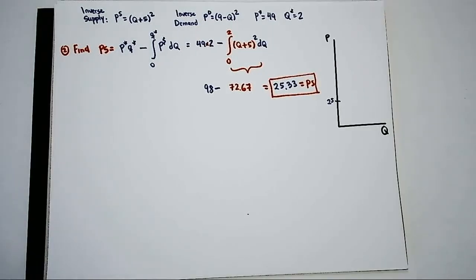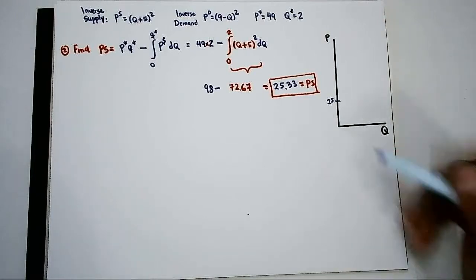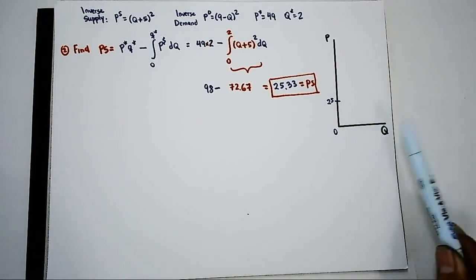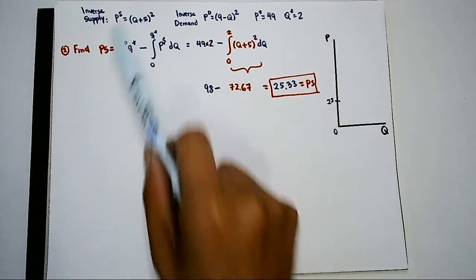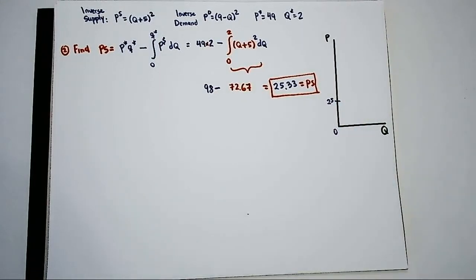To understand what this number means, let's graph the producer surplus. First, we need the inverse supply. When Q is 0, the price will be 5 squared, which is 25.